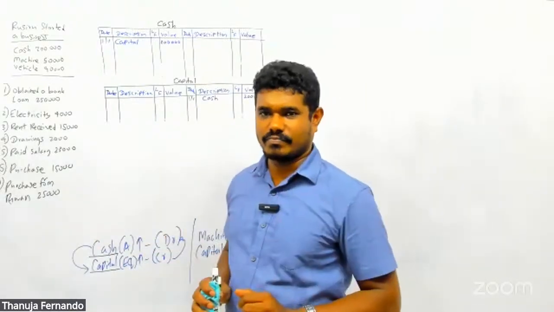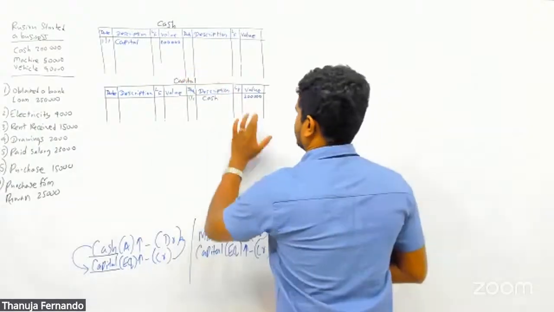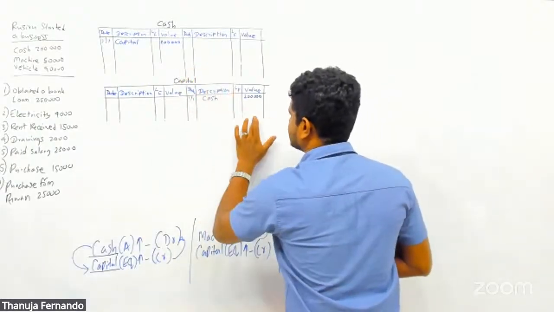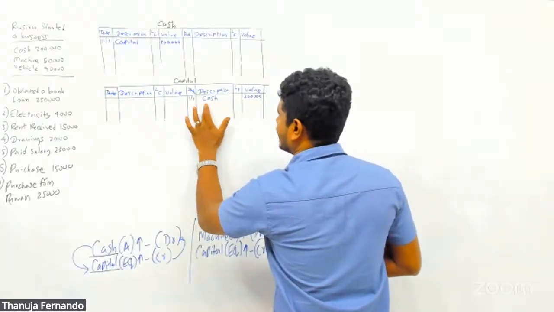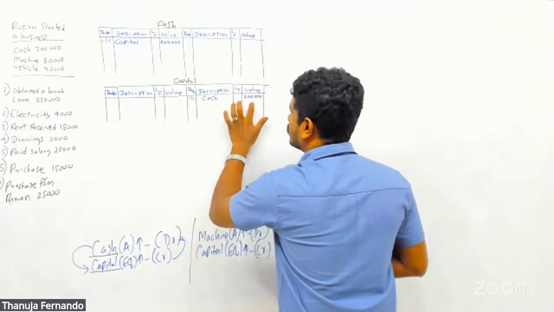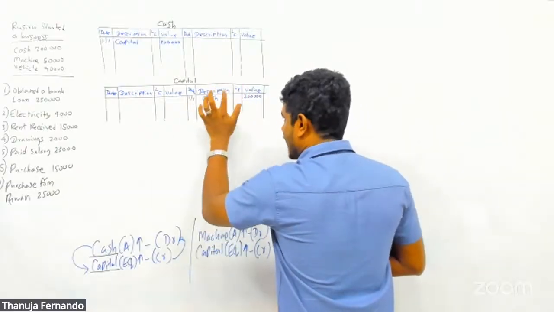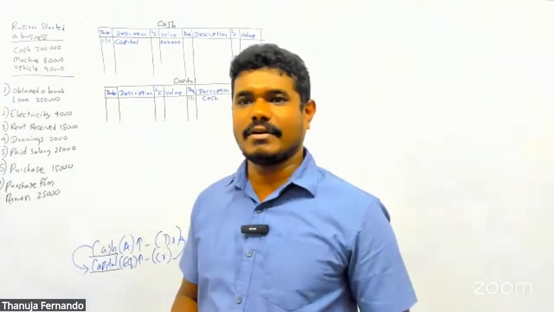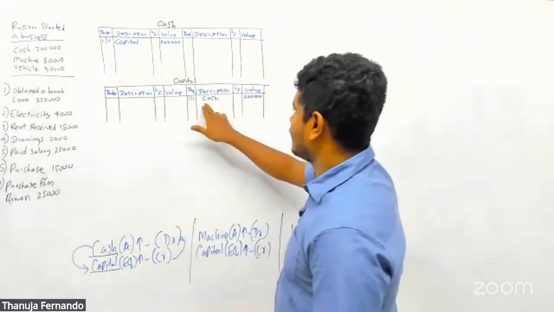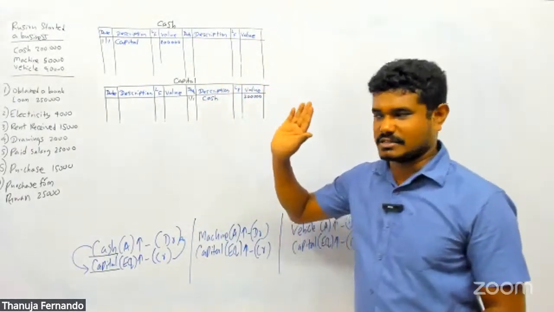Capital credit means capital increase. In which resource? In the description we can see the owner invested 200,000 to the business as cash.